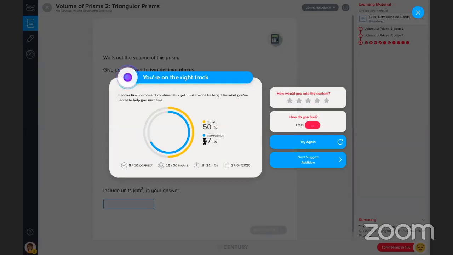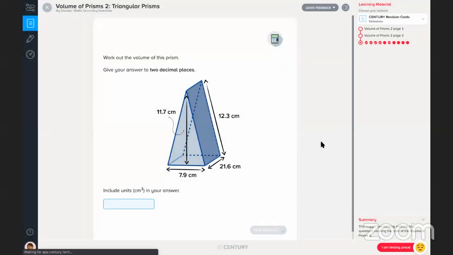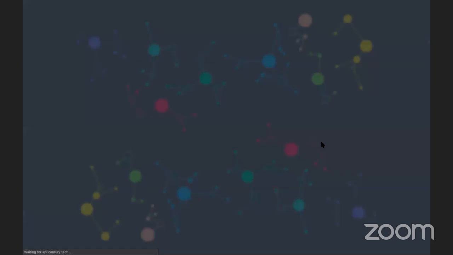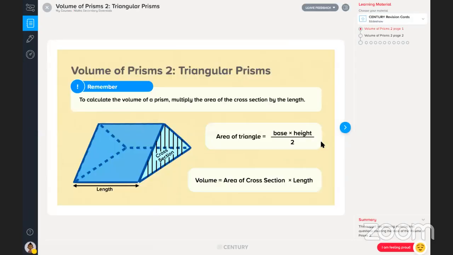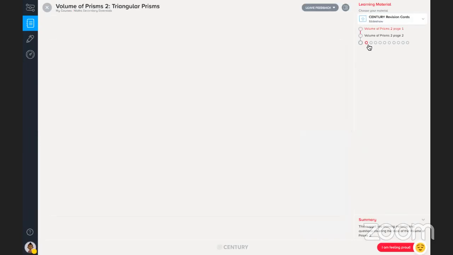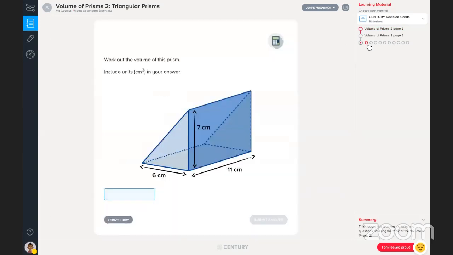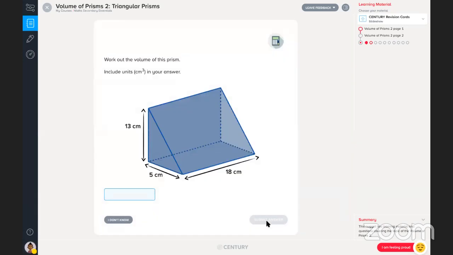Now, if I was doing this for real and I got a score like this and I didn't like that score and I wanted to do a bit better, I can always hit try again. And what you're going to get is you're going to go back to the exact same lesson. So you'll have the same slides and the same video, but you'll have slightly different questions. So you have a new chance to have a go and improve your score. The questions are really, really similar, but they're just not exactly the same, slightly different numbers the second time around.